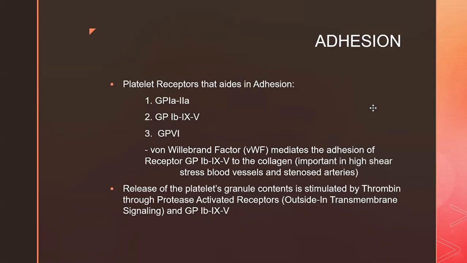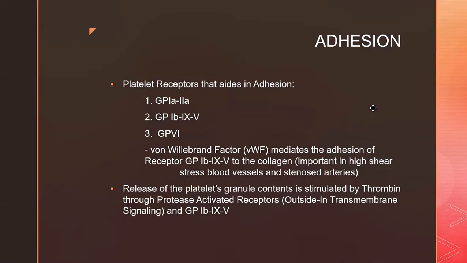Please take note the importance of your glycoprotein 1B, 9, 5. That receptor binds to the collagen with the help of von Willebrand factor. Without von Willebrand factor, hindi siya makakabind sa collagen, hindi stable yung platelet mo.